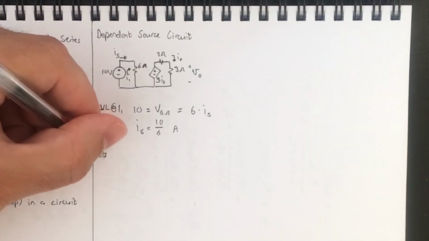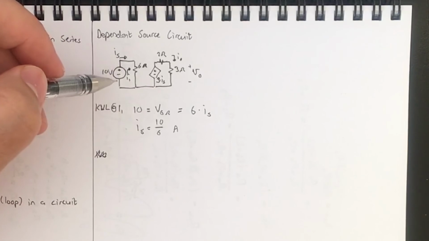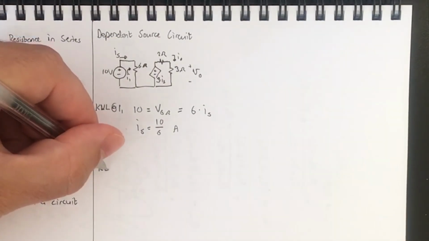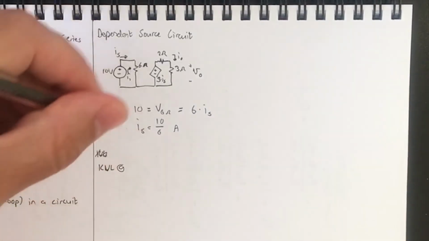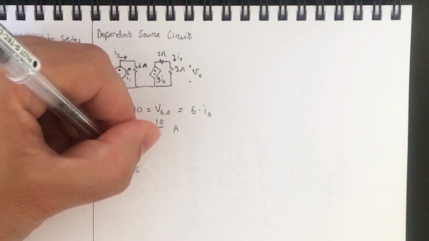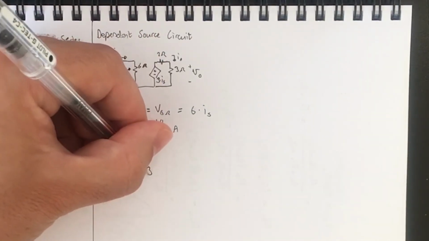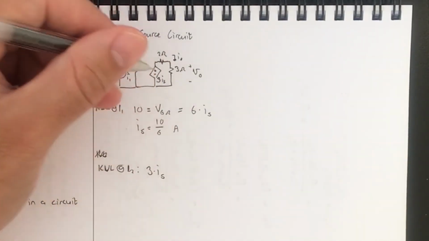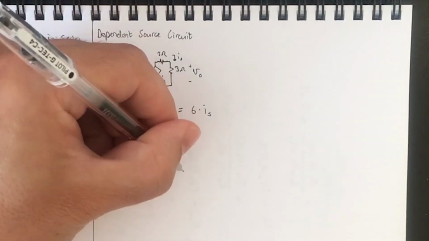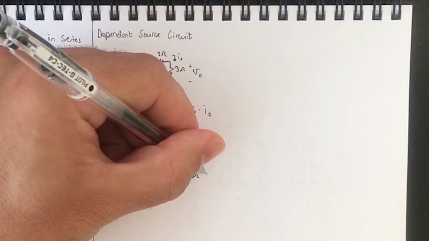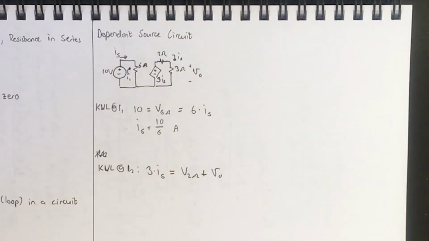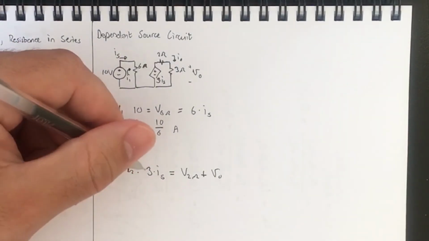So now we have IS. We would like to know what I out is. So we use KVL again, except this time at loop 2. So we have 3 times IS, which is the voltage source, is equal to the voltage of the 2 ohms plus V out. Wonderful.